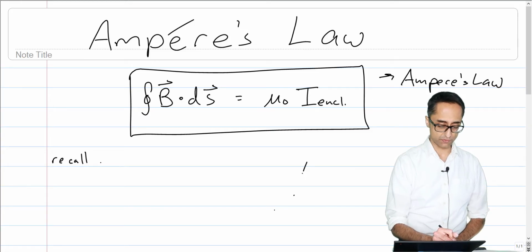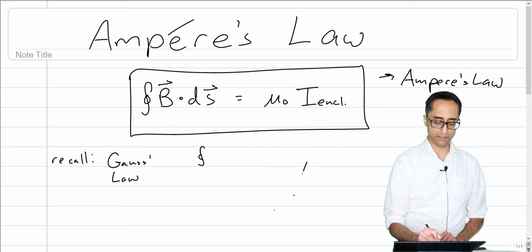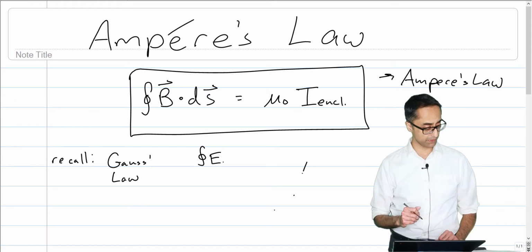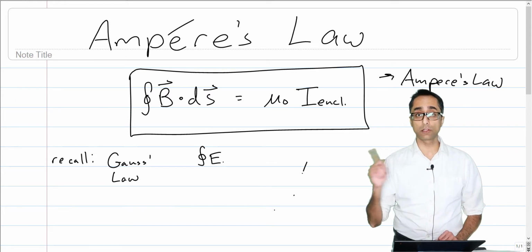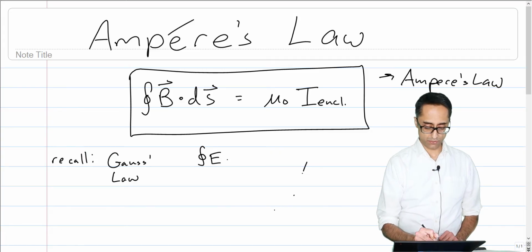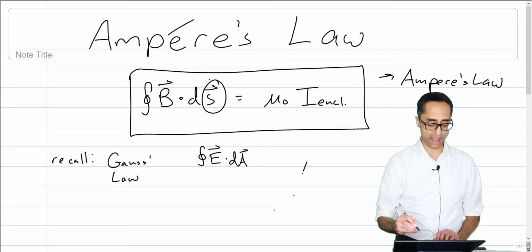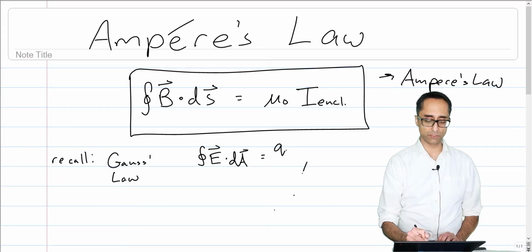And remember Gauss's law simply said that the integral, and remember that circle around the integral indicates that it is a closed integral, and we know that that meant that our surface had to be closed. This time I don't have an A there, I have an S there. So I'm going to have to understand what that means. And this was equal to Q enclosed divided by epsilon naught.